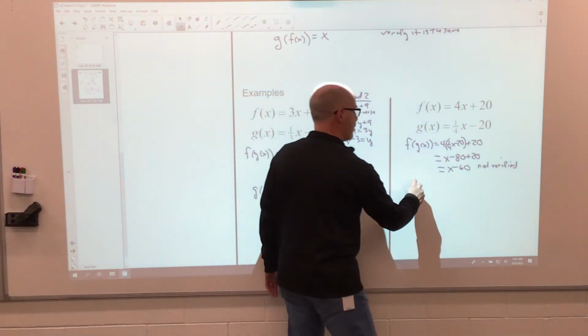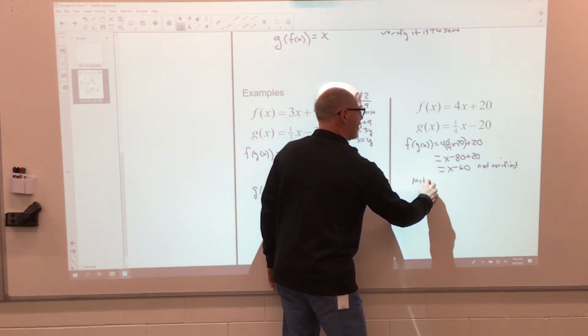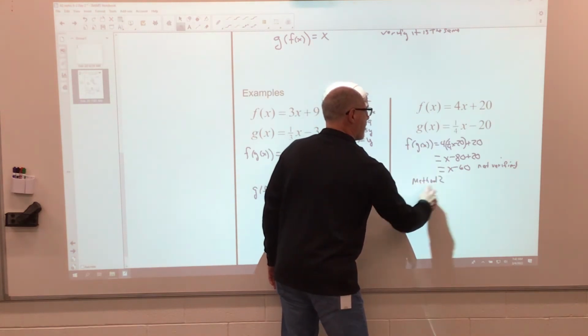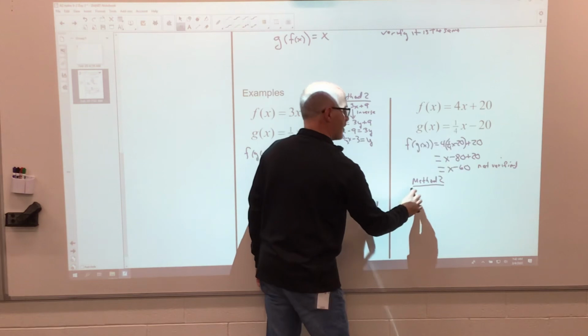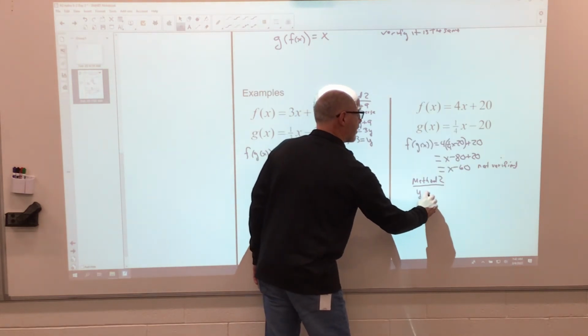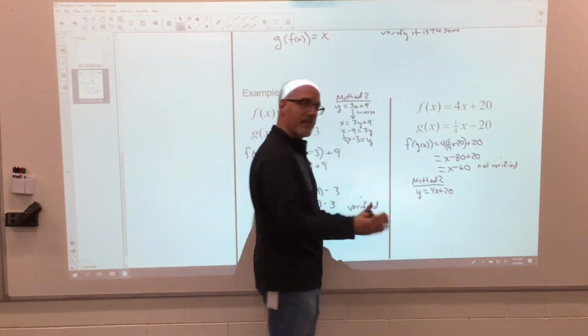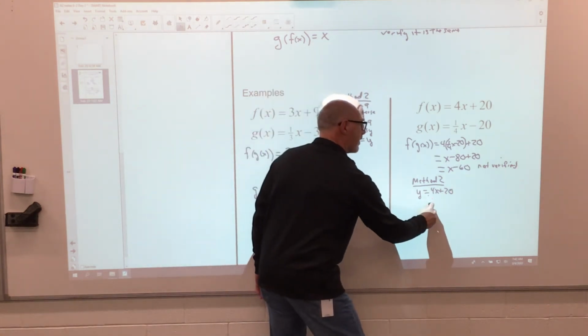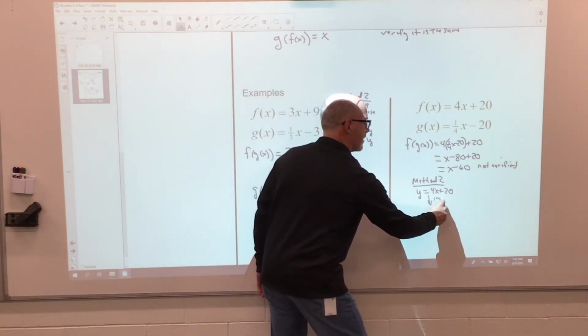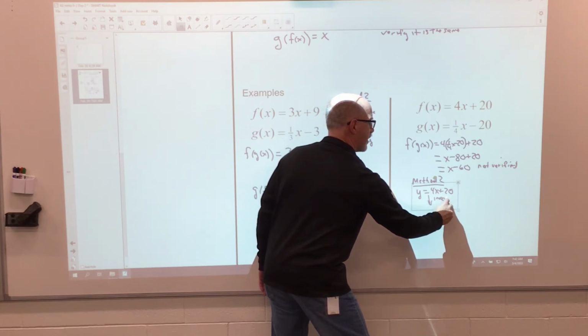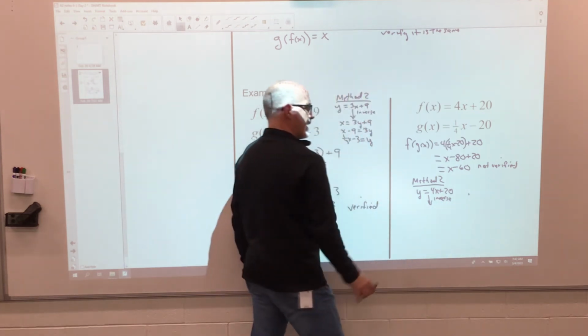Now method 2 would do the same thing for us. If we did method 2, what you do is you take one of them. I'll take the first one. I'll make it y equals 4x plus 20. Swap the x and the y. That's our inverse process. So taking the inverse of it, like we learned up above. Now we swap them.